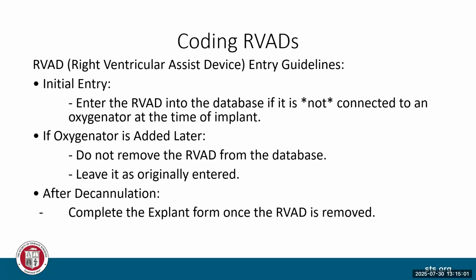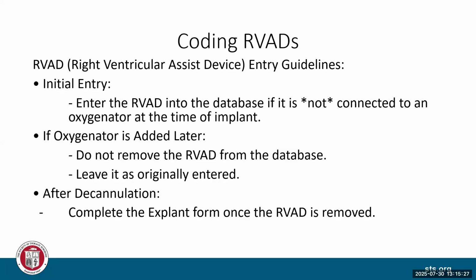So you enter the RVAD into the database if it is not connected to an oxygenator at the time of implant. So once an RVAD is a standalone RVAD, with no oxygenator attached, it's entered into the database. If the oxygenator is added later on, you don't need to do anything. You don't need to explant it from the database.